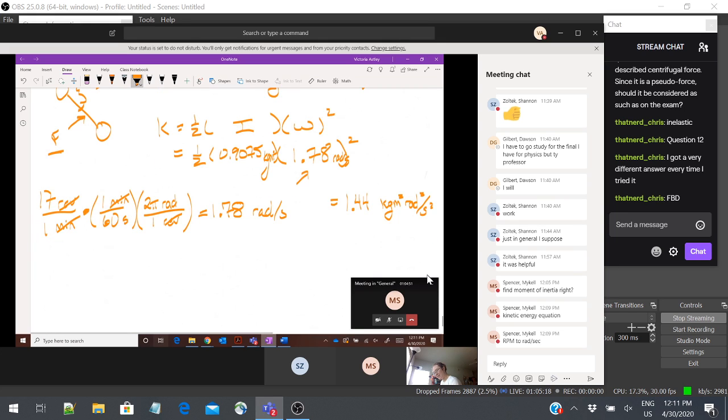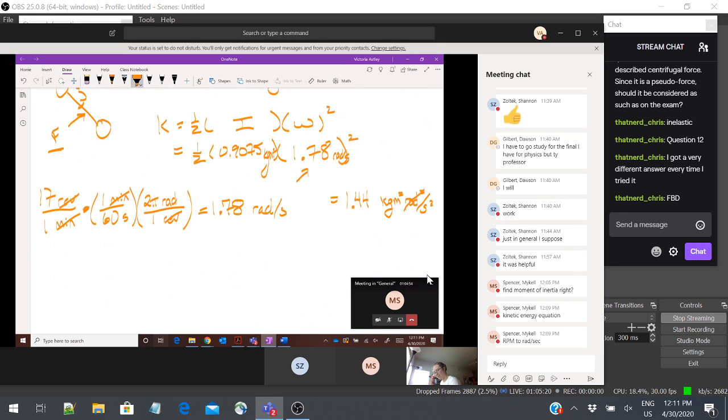Radians disappears, it's not a real unit. Kilogram meters squared per second squared is the same thing as a Newton meter, which is the same thing as a joule. I got energy, good. Hopefully that's the right answer.